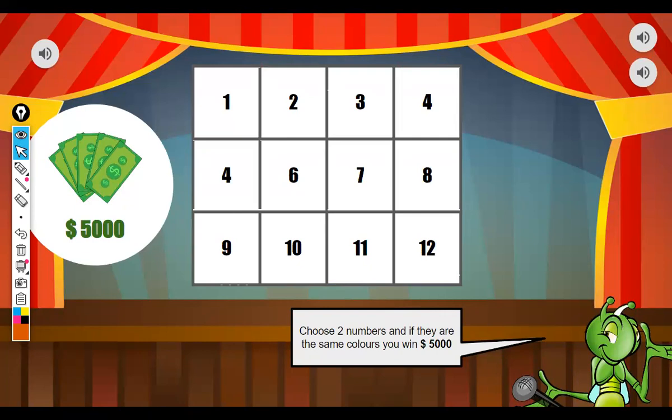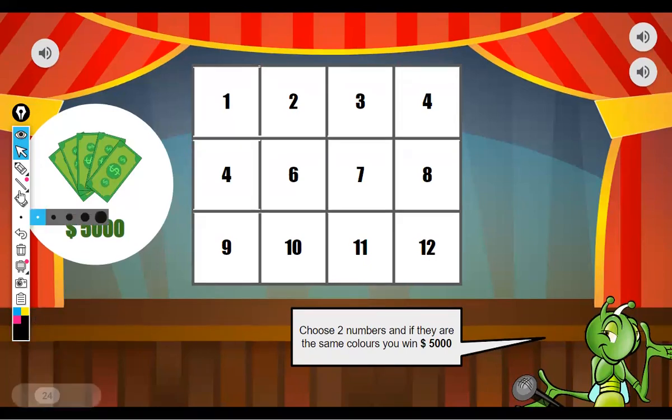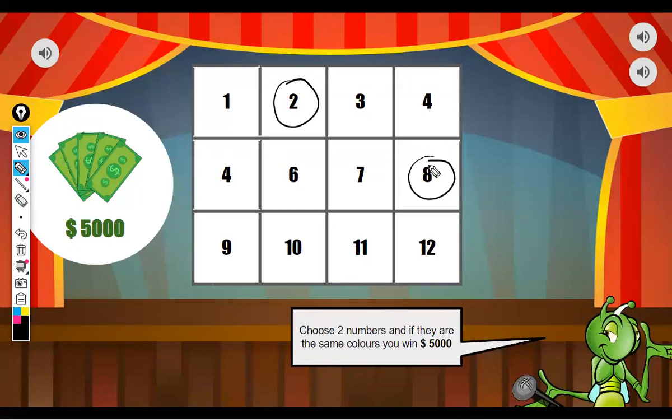This is one of the easier games to play, very fast, fun, effective. So I'm going to choose two colors as well. Today, what's the date today? Anybody know the date today? Today is the 28th or the 29th? Today is the 28th. So I'm going to go with 2 and 8.